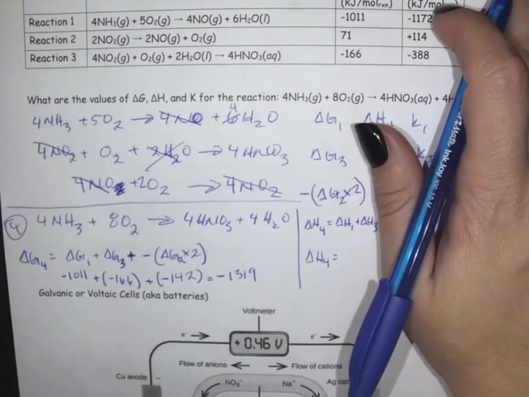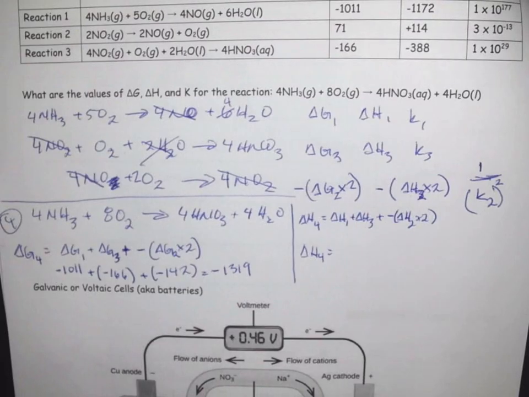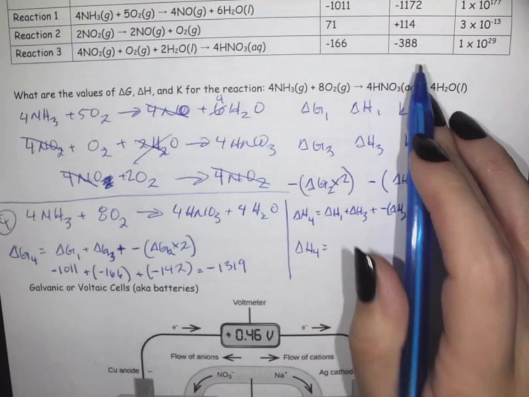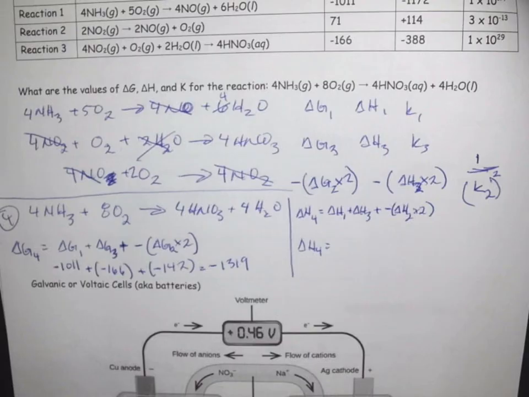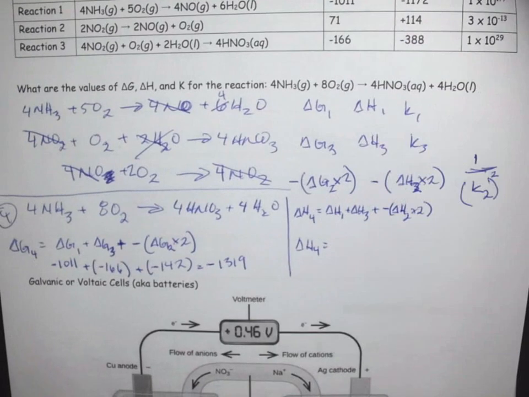Okay, so here's my delta H1, negative 1172, and I'm adding that to delta H3, negative 388, and I'm adding that to 114 doubled.